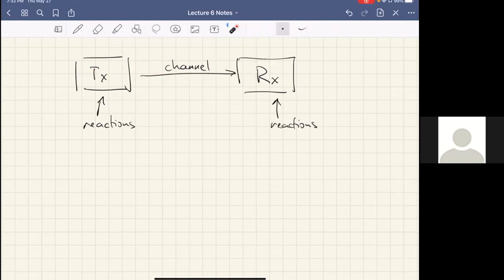If we think about traditional wireless communications, from the transmitter to the receiver, we have electromagnetic waves propagating in free space. And we know the physical phenomenon by which those electromagnetic waves propagate. It's given by the wave equation and Maxwell's equations. But in this instance, we are releasing molecules from the transmitter.